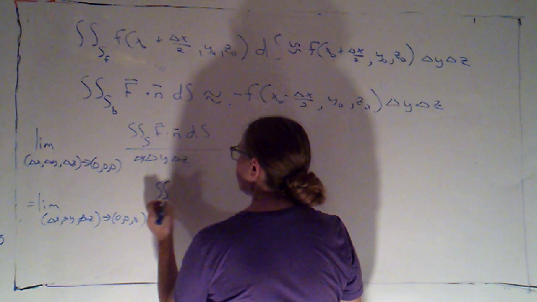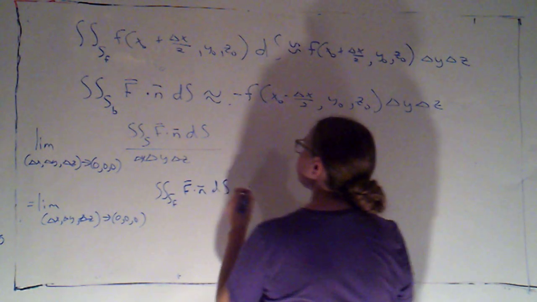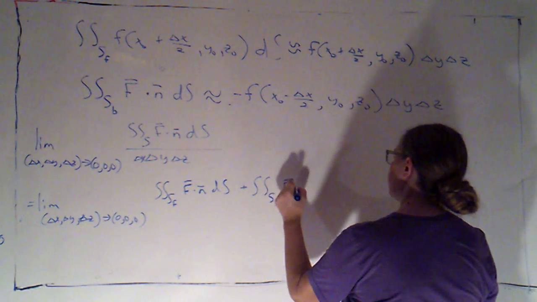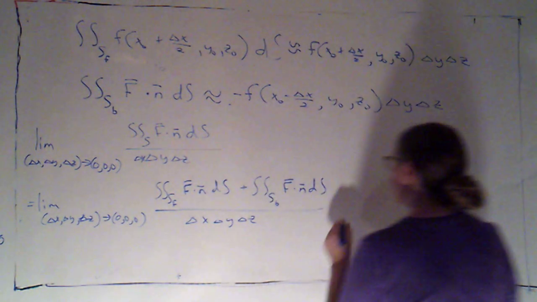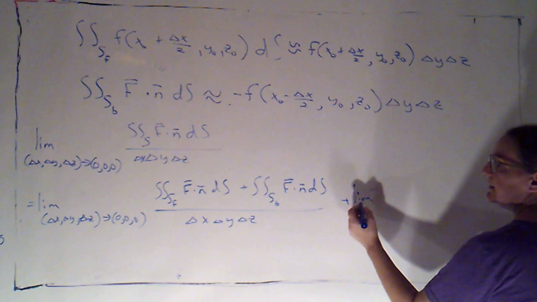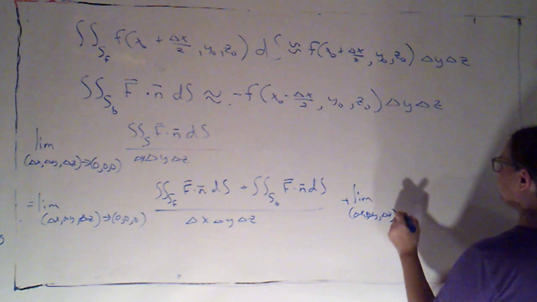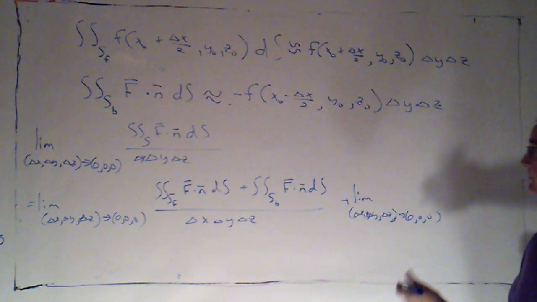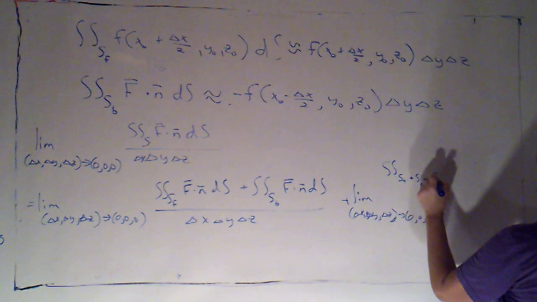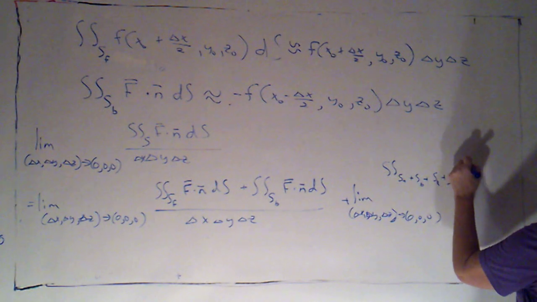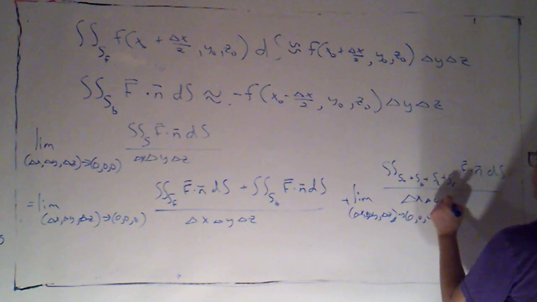So I'm going to say this is the double integral over the front surface of f dotted with n ds plus the double integral along the back surface of f dotted with n ds, all of that over delta x, delta y, delta z, plus, and then I would have the limit as delta x, delta y, delta z, still going to 0, 0, 0 of the double integral along the top plus the bottom plus the left plus the right, f dotted with n ds over delta x, delta y, delta z.